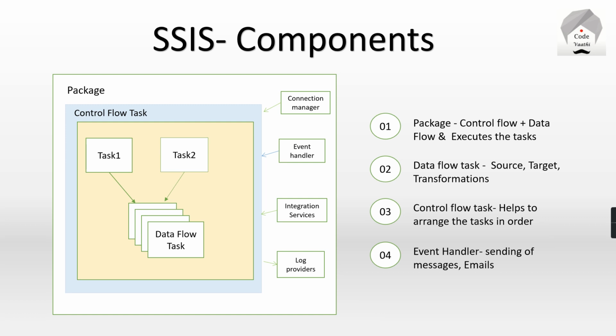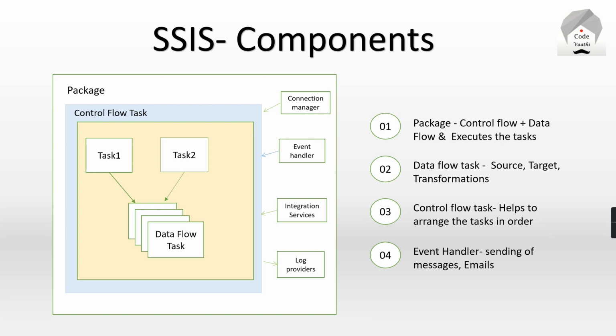The main components involved in SSIS are, first, the package. A package involves both control flow as well as data flow. Control flow involves handling the workflows. Data flow involves handling the transformations, right from getting the data from the source to loading it to the target. Connections will also be involved here.